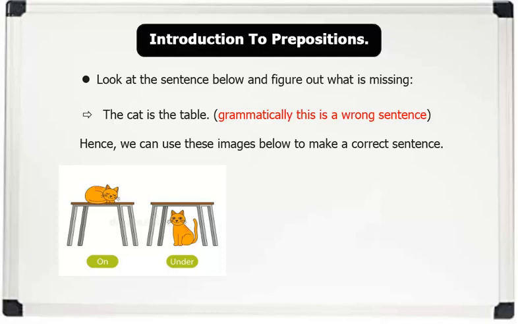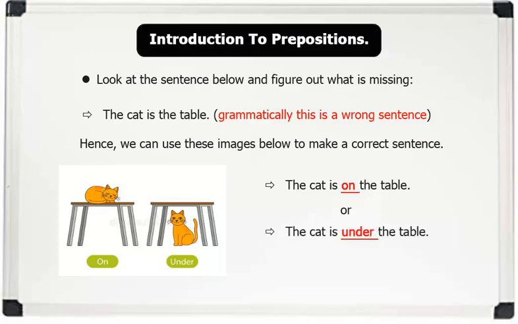For the sentence to make complete sense, we can say, the cat is on the table, or the cat is under the table. Note, to make a complete sentence, the words on and under were added for the sentence to make complete sense. Under and on are examples of prepositions.